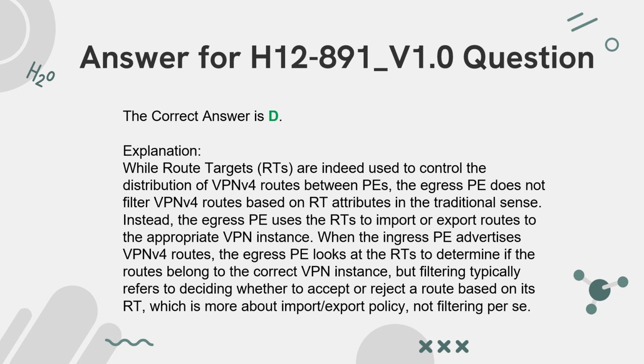When the ingress PE advertises VPNv4 routes, the egress PE looks at the RTs to determine if the routes belong to the correct VPN instance. But filtering typically refers to deciding whether to accept or reject a route based on its RT, which is more about import-export policy, not filtering per se.